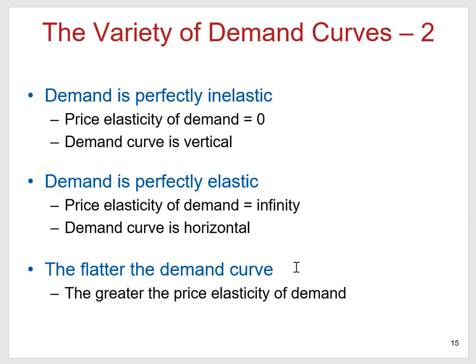One important point to note is that the flatter the demand curve, the greater the price elasticity of demand. Perfectly elastic demand is a perfectly flat curve, and so the flatter the demand curve, the higher the price elasticity of demand.